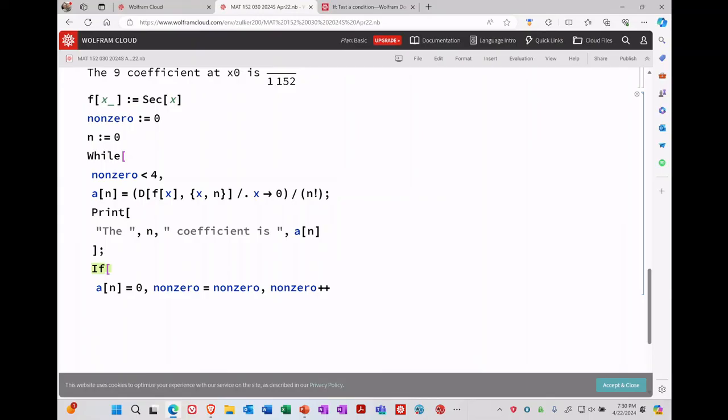If it is not 0, then I'm going to add 1 to the non-zero. And as the very last thing, I want to add 1 to n. It's very important that that n++ comes last, because it does this in order.